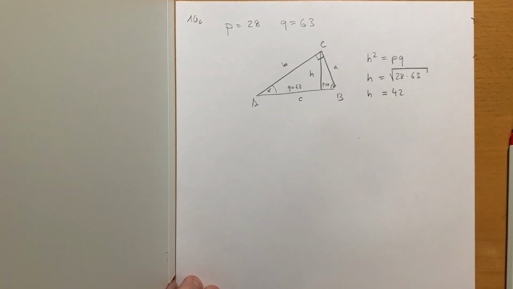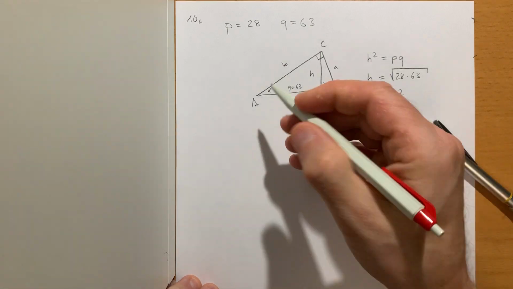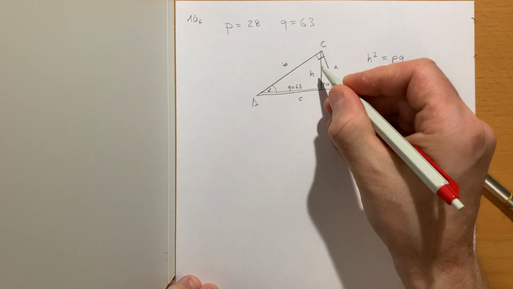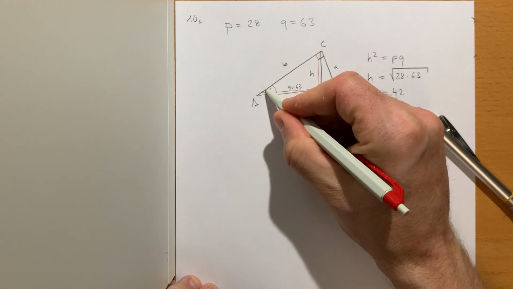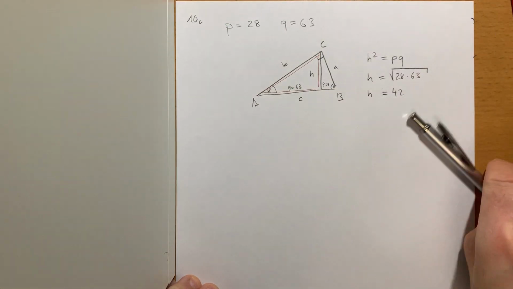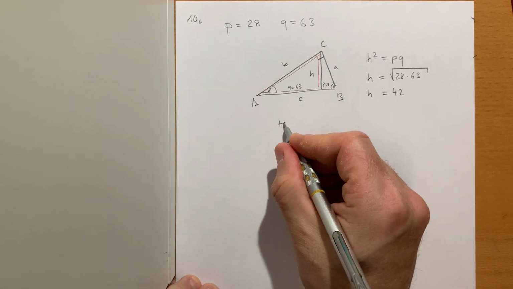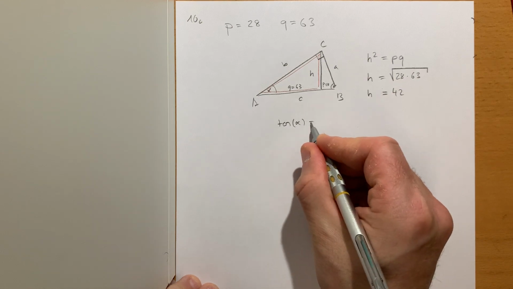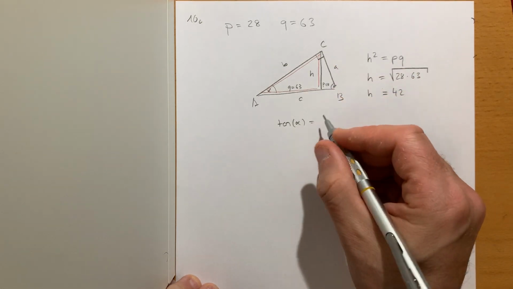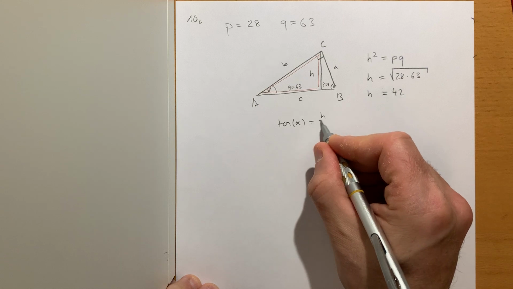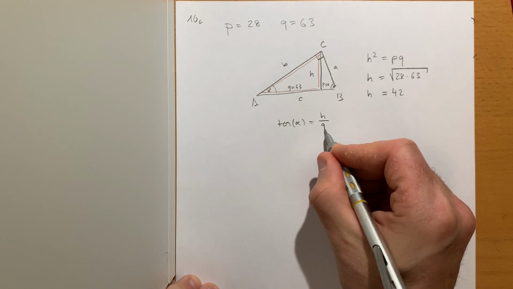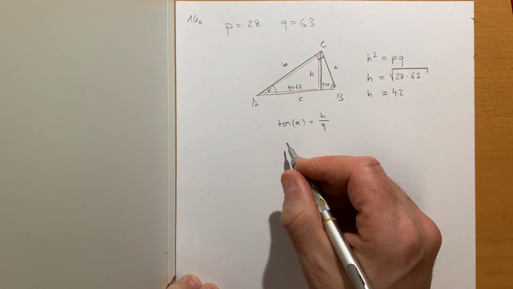So once we've done that, we could work out alpha. In this triangle, it's easy to work out alpha. We could say tangent alpha is opposite over adjacent. So opposite is h over adjacent is Q. We know quite a few values.